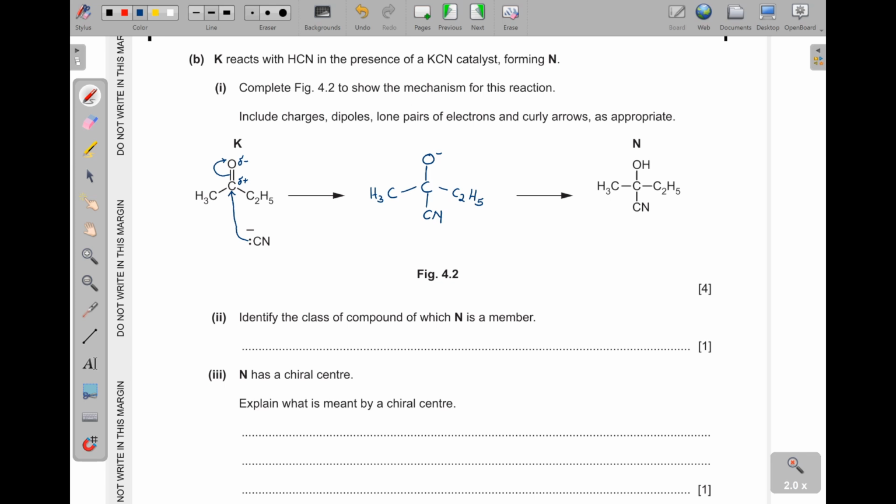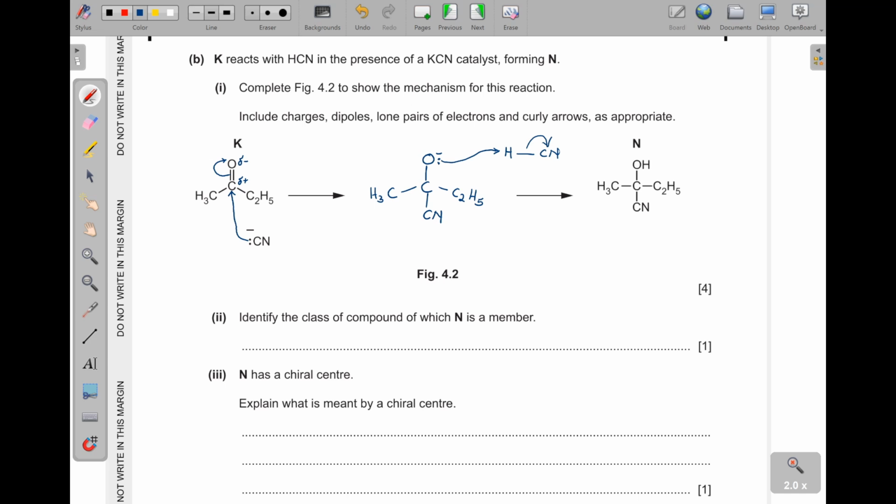Then from there we can have a lone pair here, which can be given to the proton, which comes from hydrogen cyanide. You can actually write it like this. You put hydrogen cyanide and then this one comes off like that.